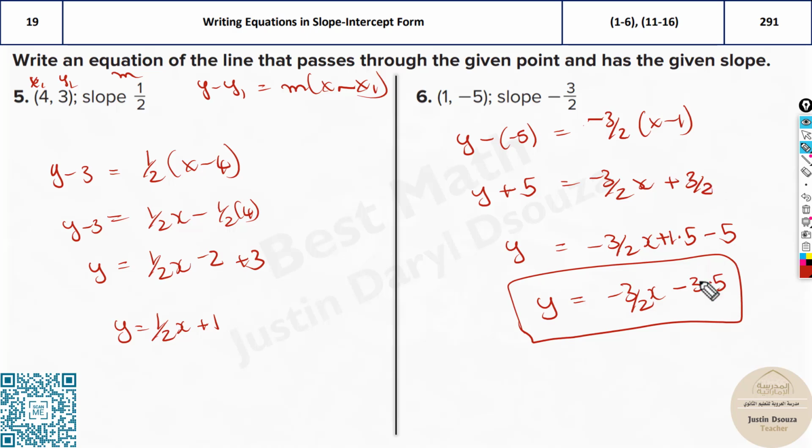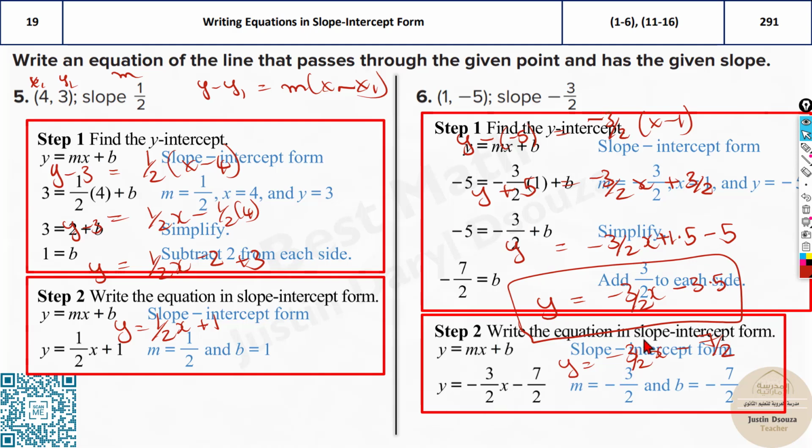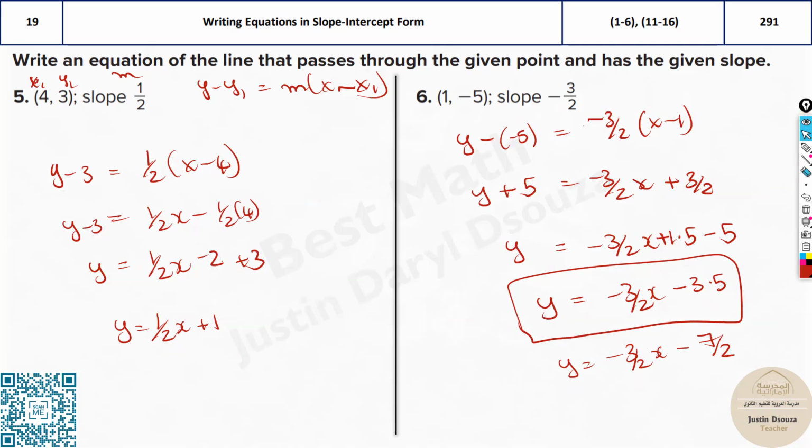You might see in the solution set that it might be given as negative 3 by 2x minus 7 by 2. That is also correct. So this is the same thing. See here, it's minus 7 by 2. It's in fraction, but negative 3.5 is in decimal. Now I will show you in the calculator.